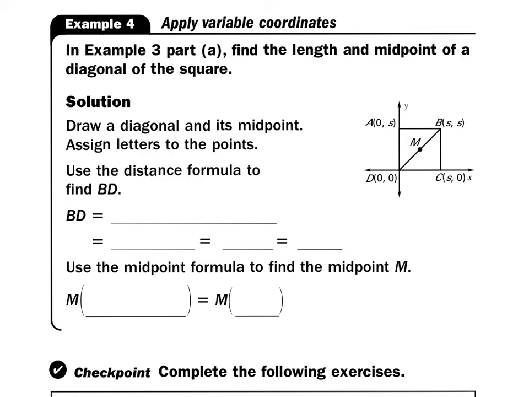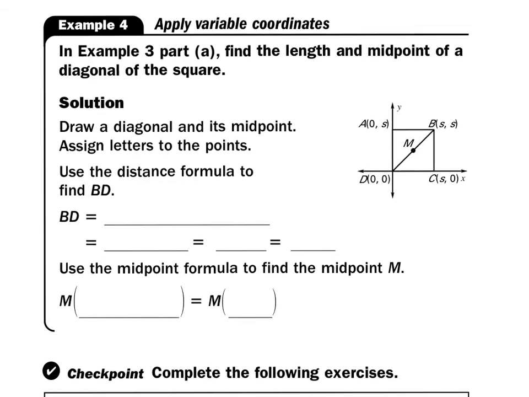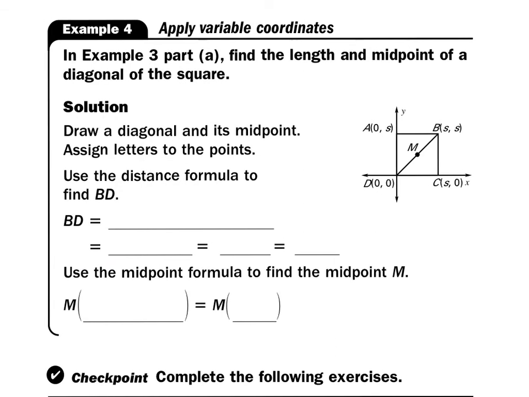So how long is it from D to C? Yes, it's S, isn't it? Because we take S and we minus 0 to get S. How long is it from C to B? Well, we do the same thing with the Y's. So S minus 0 is S.